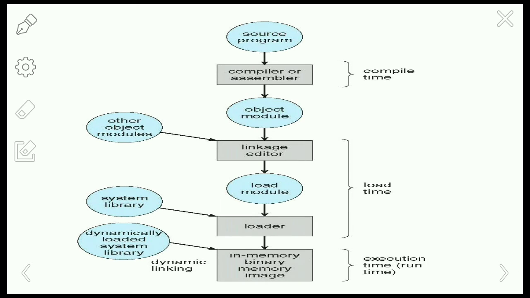So this is how dynamic loading will work, and how dynamic address binding or execution time binding works. The main advantage of dynamic loading is that an unused routine is never loaded. So we can obtain better memory space utilization. This scheme is particularly useful when large amounts of code are needed to handle frequently occurring cases.